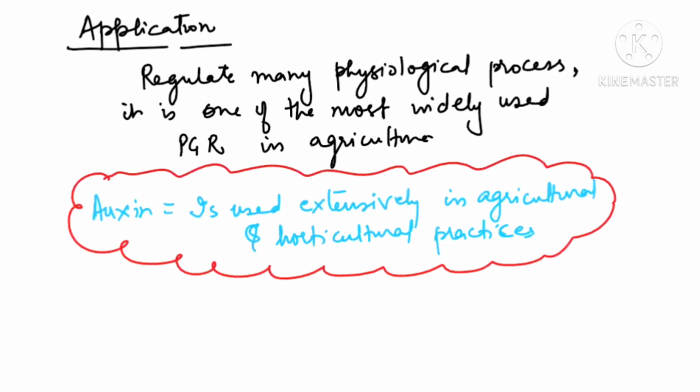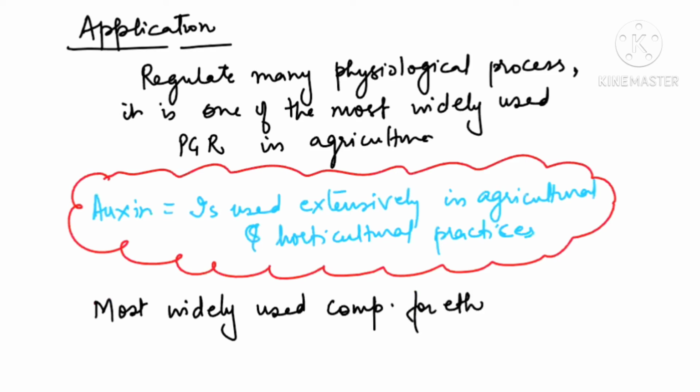Now, one thing, ethylene is applied in the form of ethephon. So the most widely used compound for the source of ethylene is ethephon.